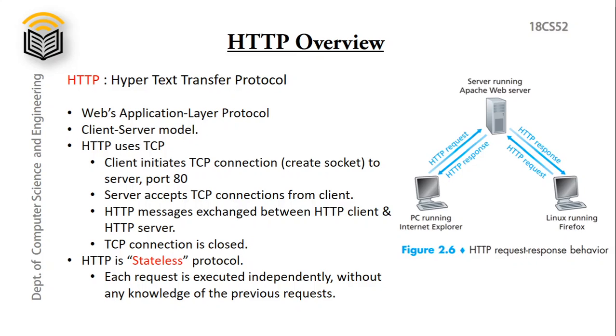Then after the establishment of the connection between client and server, messages will be exchanged. Once the data is exchanged, the TCP connection is closed. One important thing is that HTTP is a stateless protocol, because each request is executed independently, without any knowledge of the previous requests.